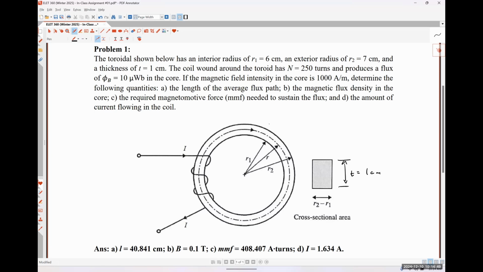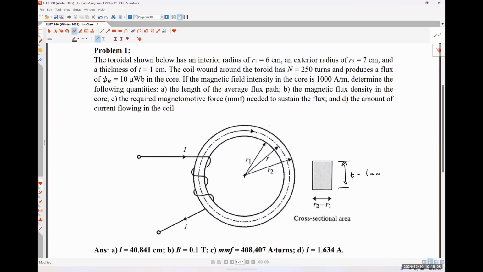We have a total of 250 turns, and there is a flux of 10 microwebers circulating around our toroidal core. The magnetic field intensity in the core is 1,000 amps per meter, and we're asked to determine some things, okay? So let's write down the information.